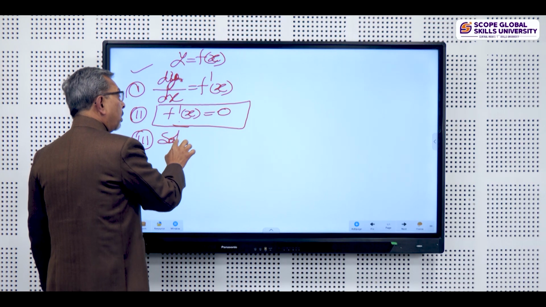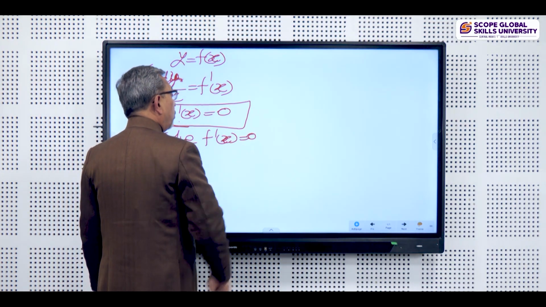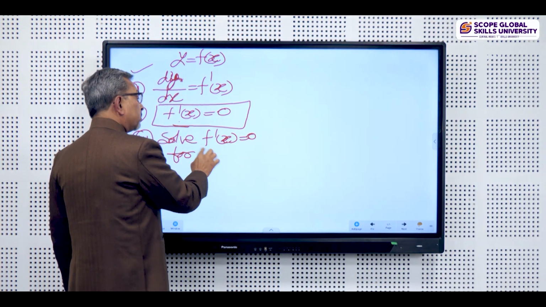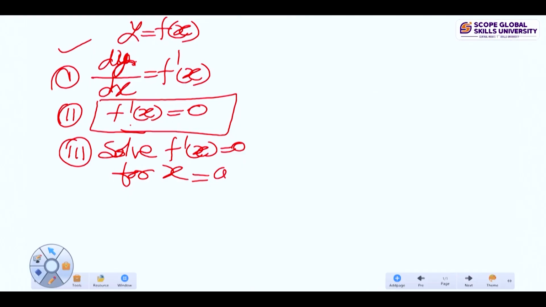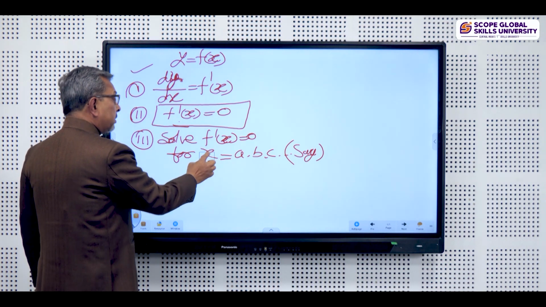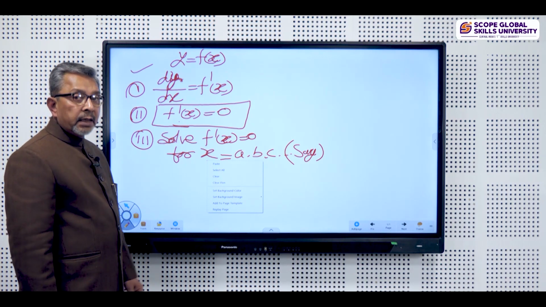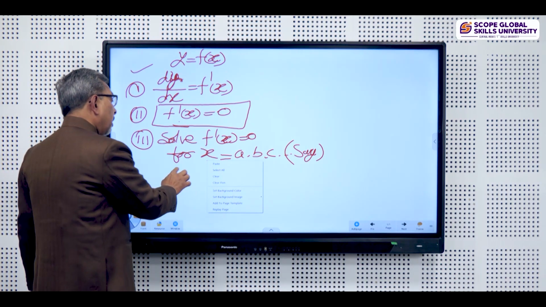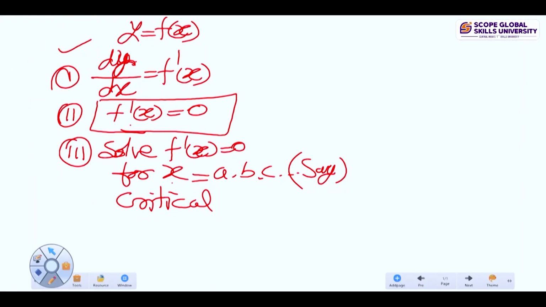Now, we will solve this equation f dash x equal to 0 for different values of x. Suppose those values of x are a, b, c and others. Remember, these values of x are also known as critical points or stationary points.